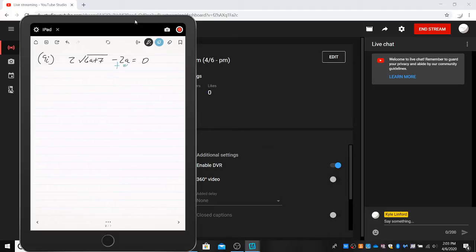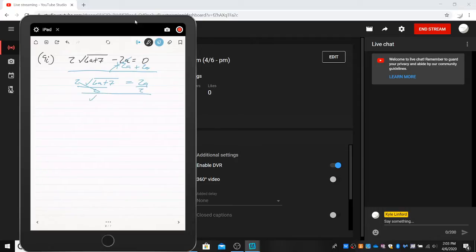So let's add 2a to both sides. And we'll end up with 2 times the square root of 6a plus 7 equaling 2a. And you know what? Let's go ahead and divide both sides by 2.